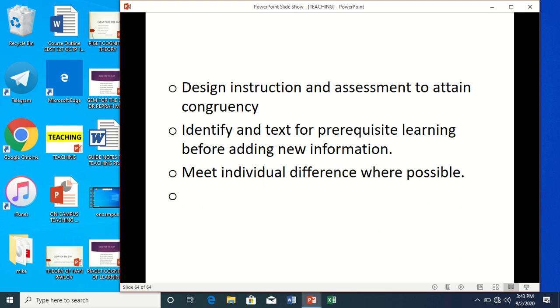So we can do a cognitive domain where we deal with the recall or recognition, and all that we have done from the cognitive, I've taken you through that, to the affective domain, the area that concerns attitudes. We are using the taxonomy, Bloom's taxonomy. We have done that.